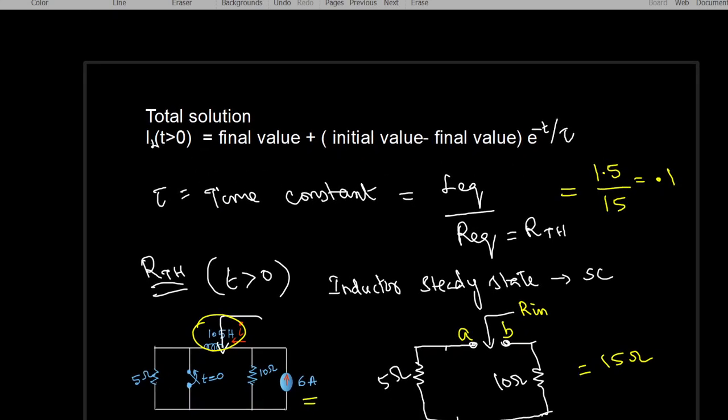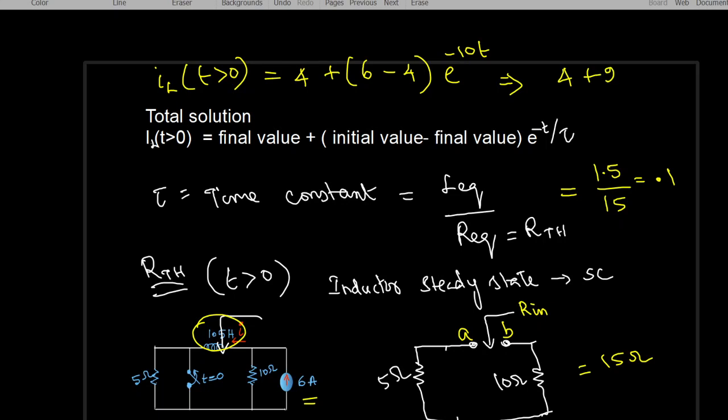So total solution IL of t is greater than 0 is equal to the final value of current which we obtained as 2 plus the initial value of current which we obtained as 6 minus final value is 4 e power minus 10t. Okay, so this can be written as 4 plus 2 into e power minus 10t. This is the answer for us.